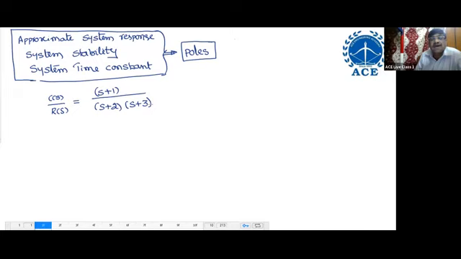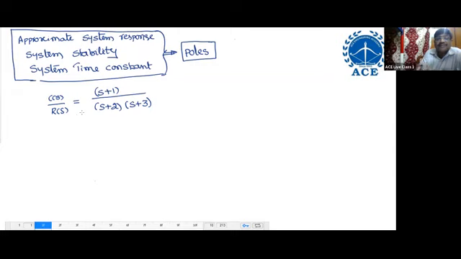For system time constant also we consider only poles. Even exact response means you have to consider poles as well as zeros. But approximate system response means we consider only poles. So for objective type, they used to ask approximate system response. That means by looking at the pole itself, we can identify the response of the system.